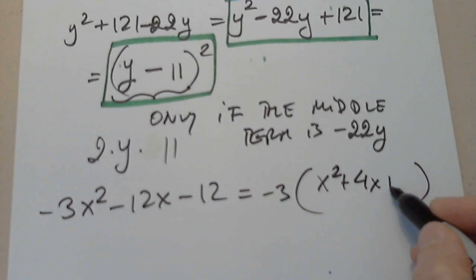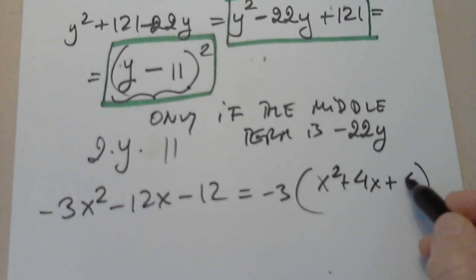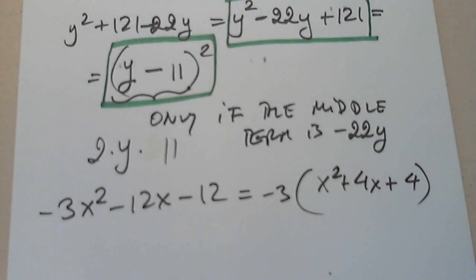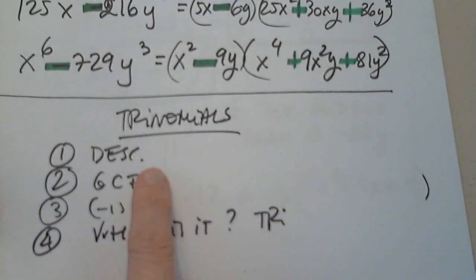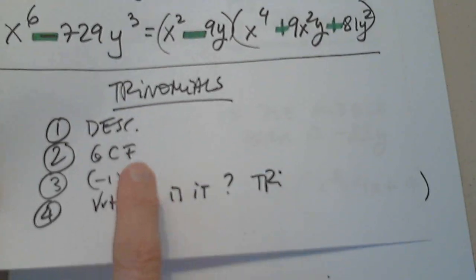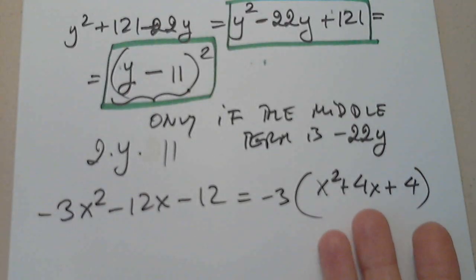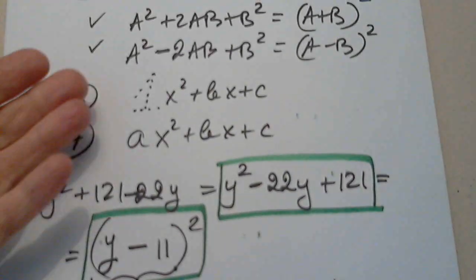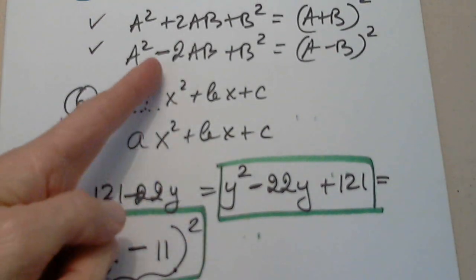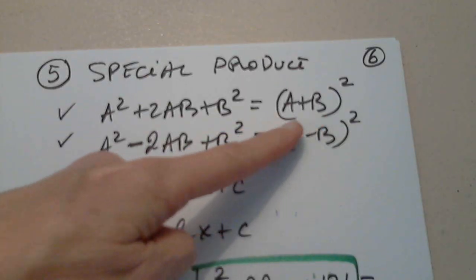So again, descending order, yes. Greatest common factor, yes. Negative leading coefficient, yes. What is it? It's a trinomial. I hope for a special product. Because everything is positive, I hope for this special product.